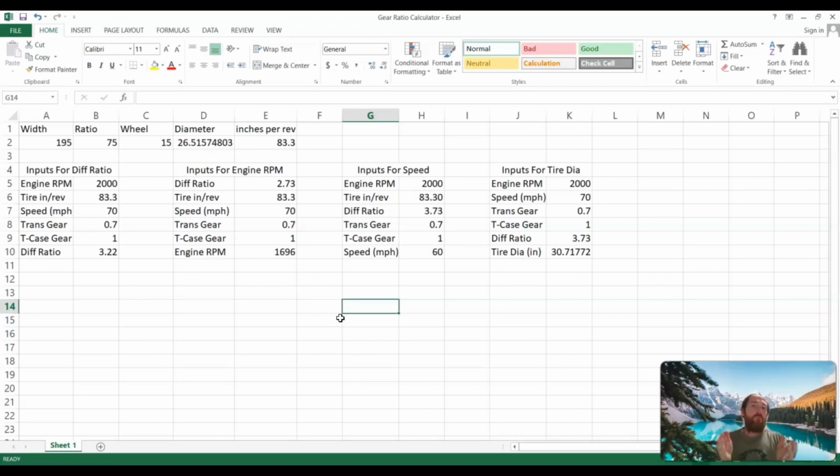If I want to be towing in the peak torque range, or you're drag racing and you say, hey, I want to be this mile an hour at this RPM, right? You can put in what's my gear ratio, my differential, or what tire size do I need with a certain gear ratio. You can work it back and forth and solve for all those different things.